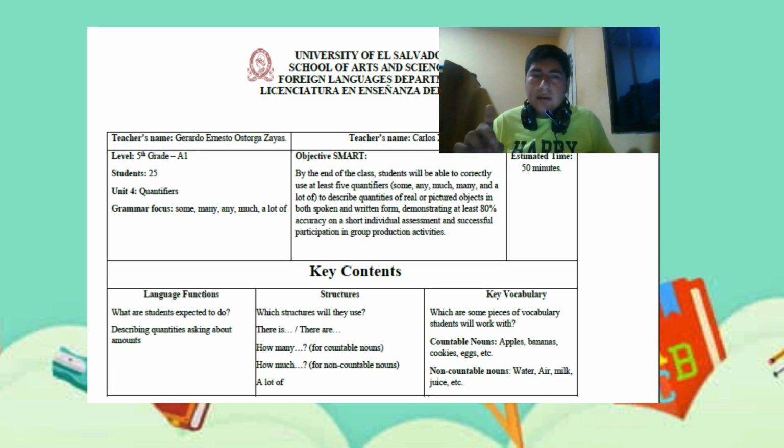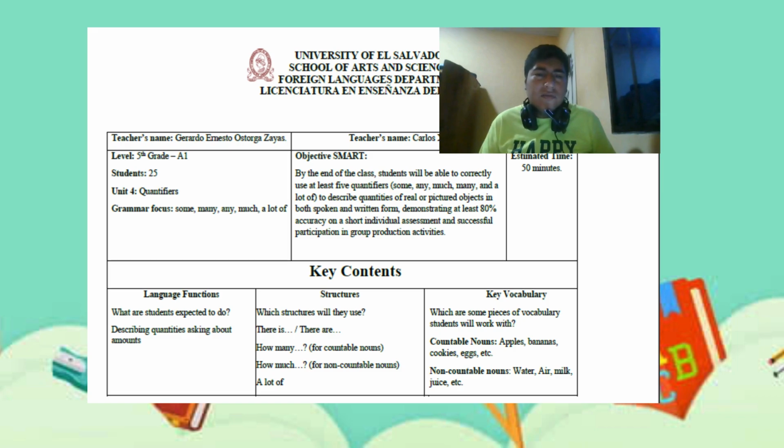Okay, the first step in this lesson plan is the key contents. For example, the first point, very important, is language functions. What are students expected to do? Describing, for example, quantities, asking about amounts. The structures.